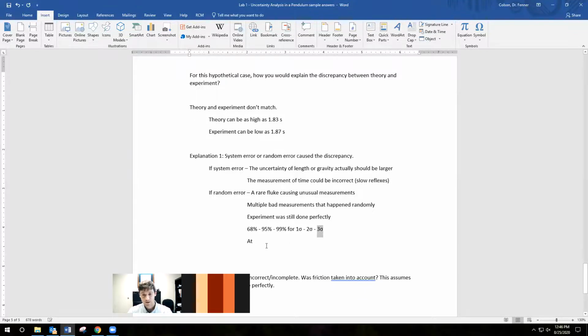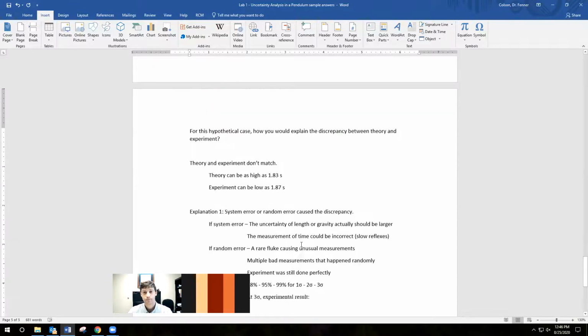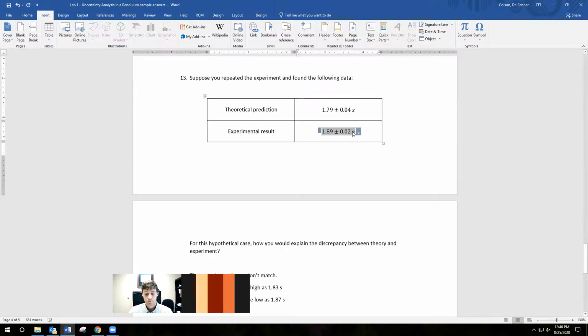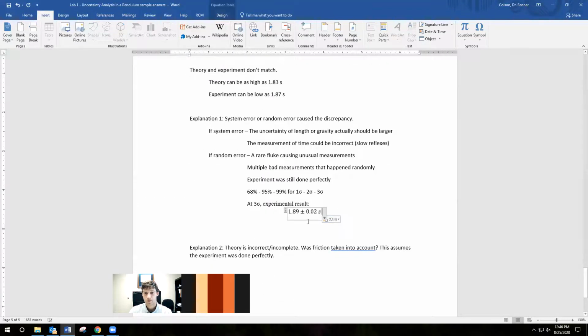At 3 sigma, the experimental result would be 1.89 plus or minus 0.06. So just 3 times 0.02, 0.06, which could be as low as 1.83 seconds, which would agree with theory.